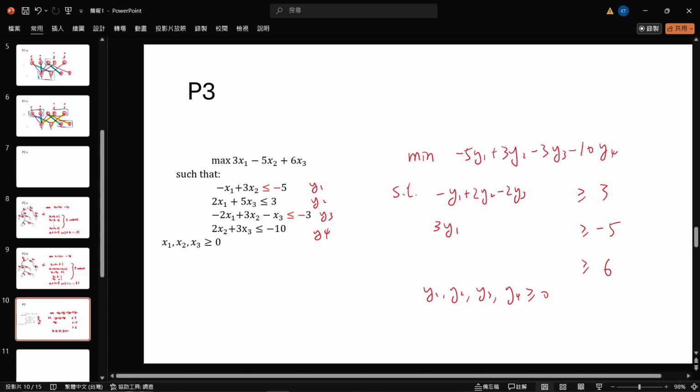For the third constraint, we have plus 3y3, okay, and the last one, we have plus 2y4, okay, and the last one, the coefficient of x3, there's no x3 in the first constraint, and so the first term is 5y2 minus y3 plus 3y4. Okay, that's it.